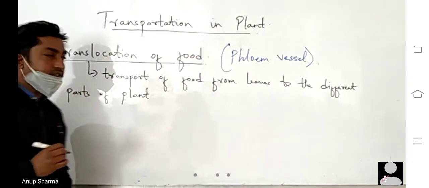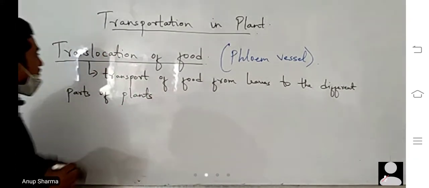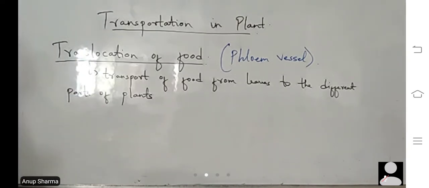Got it? So translocation means transport of food from leaves to the different parts of the plant after the food is prepared. The carbohydrates synthesized in the leaves, and hormones synthesized at the shoot and the root tip, are transported to other parts of the plant through phloem.